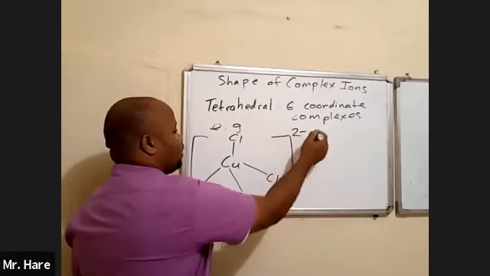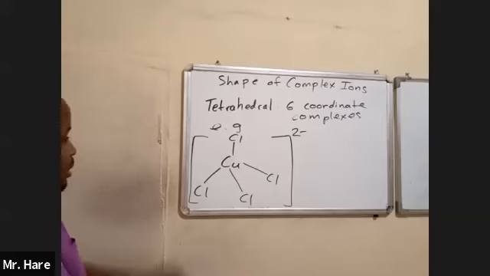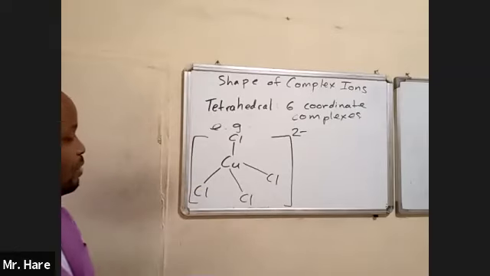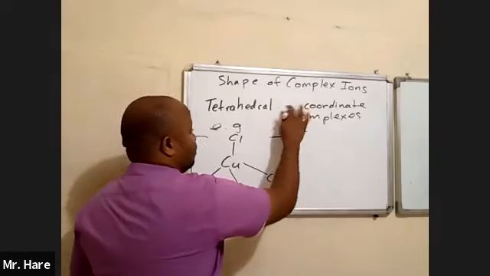Can you tell us why it should be 2 minus? Because each chloride is -1. Right, so we have 4 negative chloride ions, and the 2+ on the copper cancels 2 of them. So the overall charge on this is 2 minus.